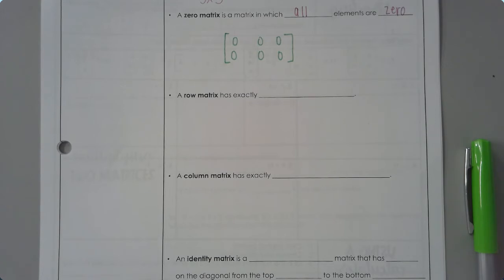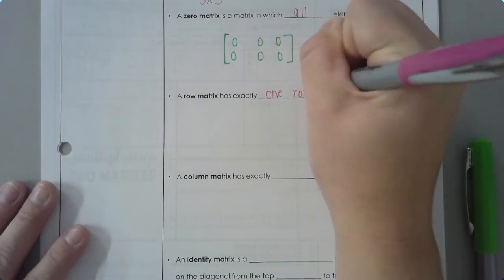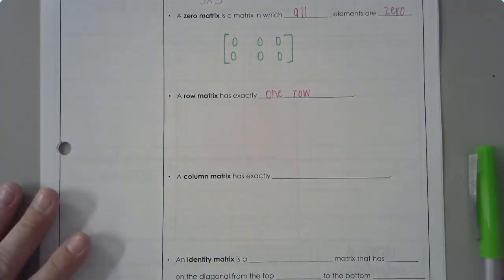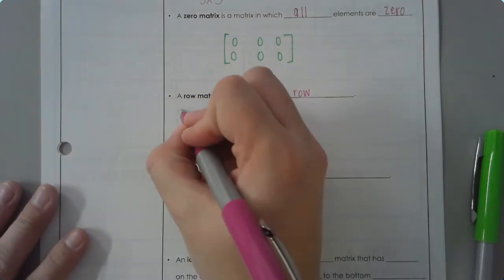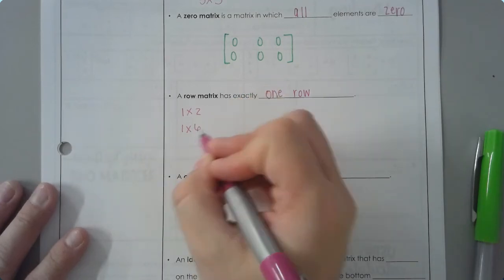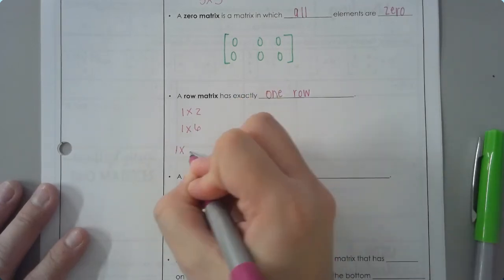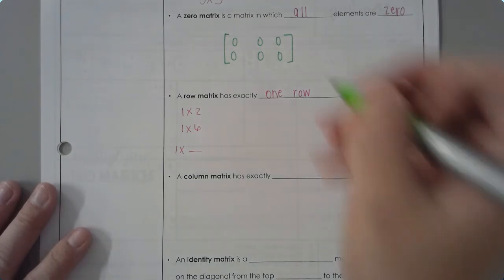A row matrix has exactly 1 row. This could be a 1 by 2 matrix, a 1 by 6 matrix, a 1 by anything matrix. That would be a row matrix.